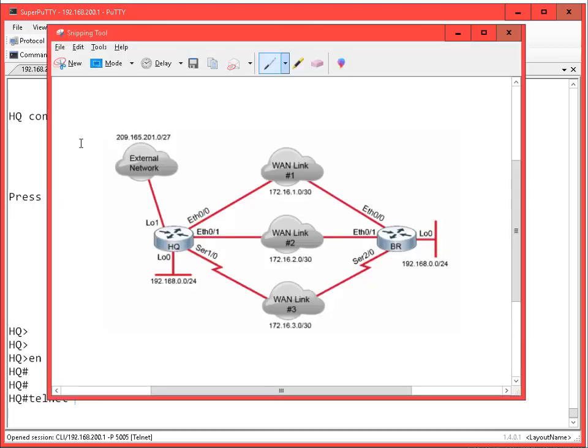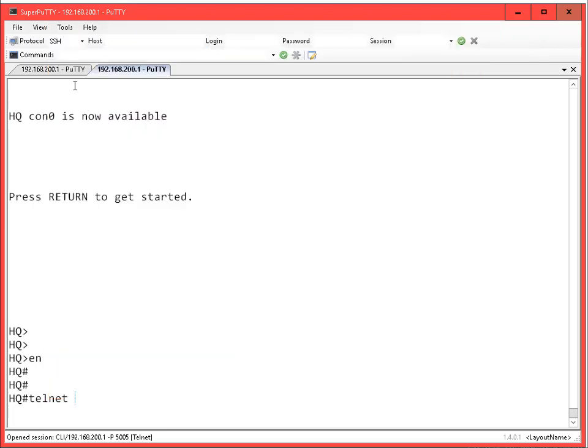What's my address? That diagram is wrong. I just noticed that. It has the same subnet on both loopbacks. That's clearly not right. Let me grab an IP address for my branch router that I can telnet to.